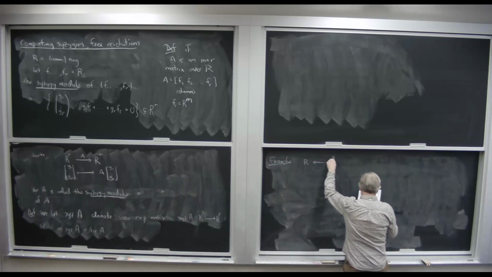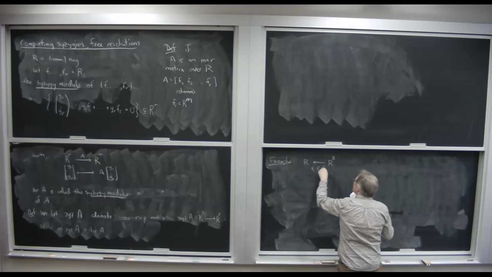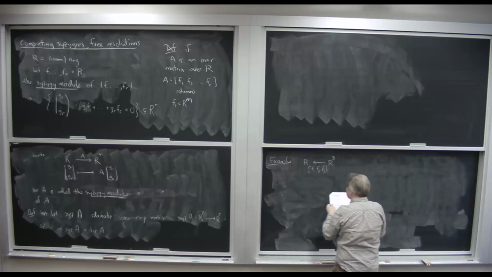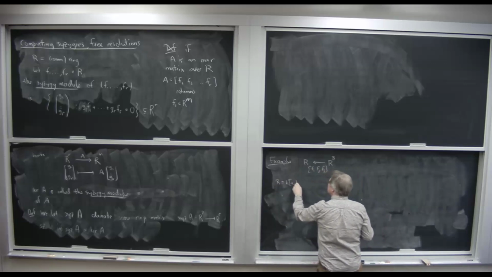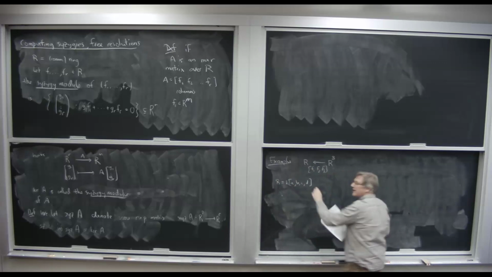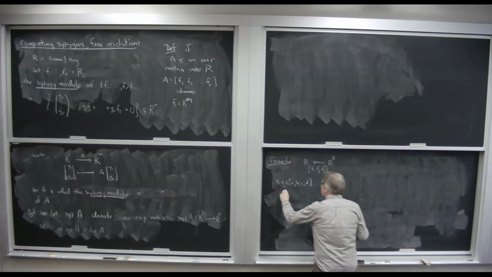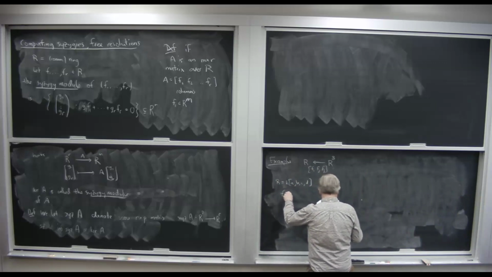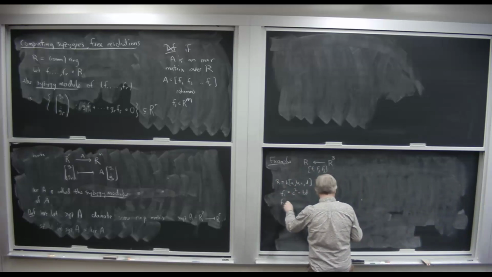So I'm going to take an example, R, and this is going to be the matrix F1, F2, F3, where R is going to equal K adjoin A, B, C, D. This is my canonical example. This is the twisted cubic curve. F1 is going to equal C squared minus BD. F2 is going to equal BC minus AD.